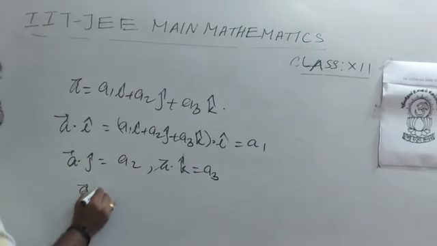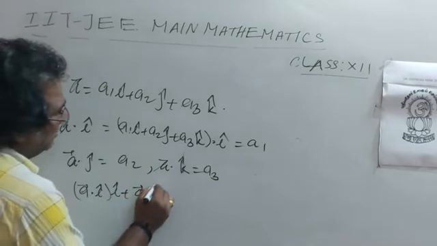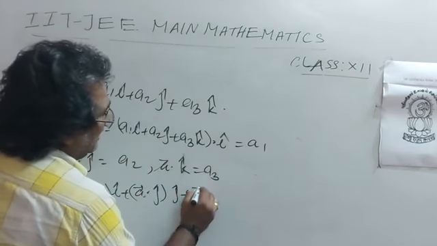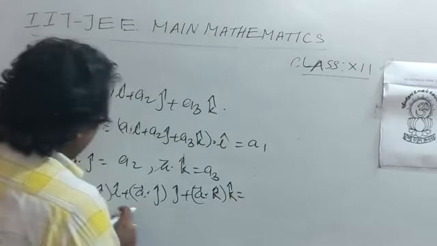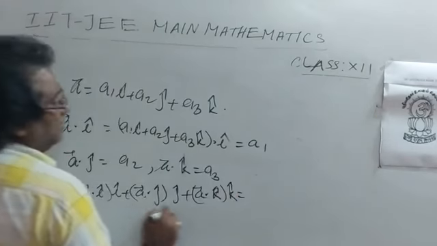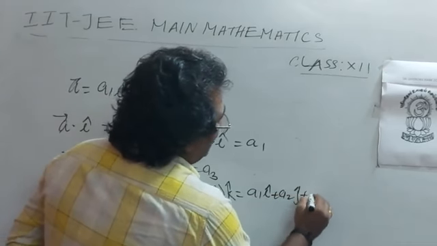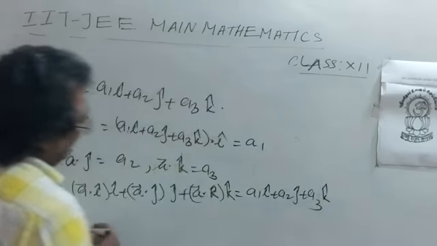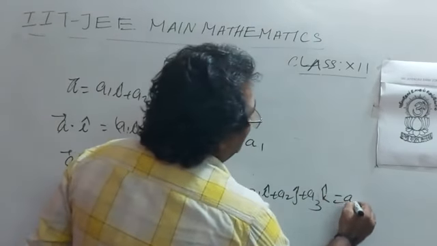So A dot i into i plus A dot j into j plus A dot k into k equals, for this A dot i is A1, so A1 i plus A2 j plus A3 k, equal to A vector.